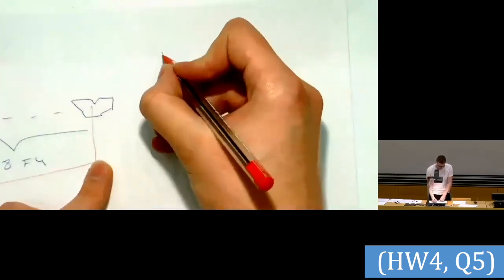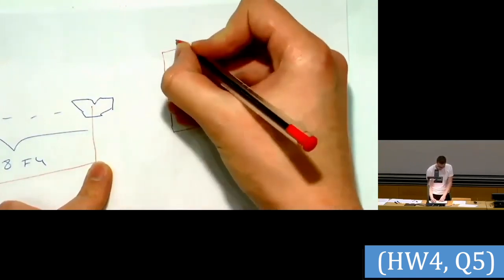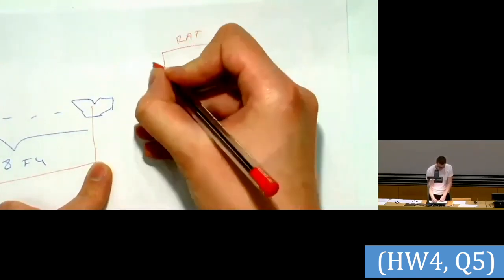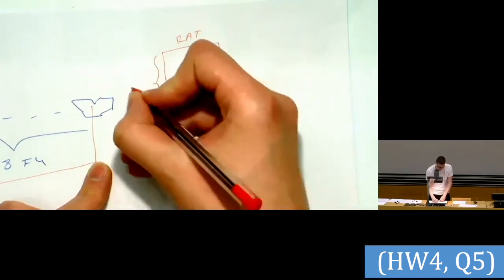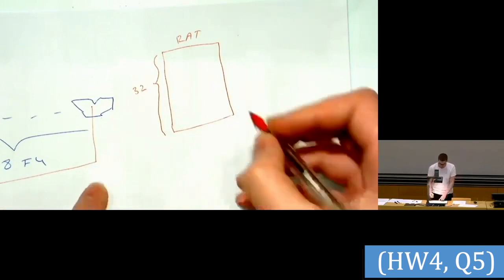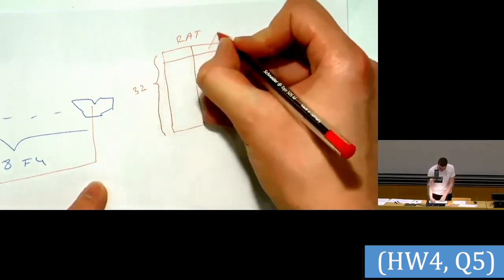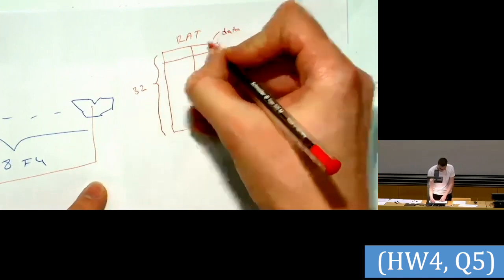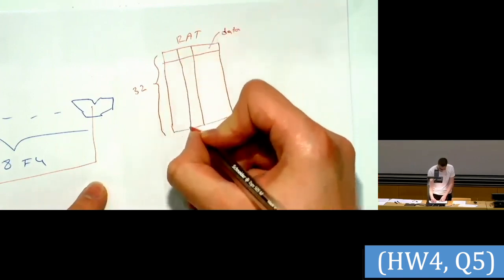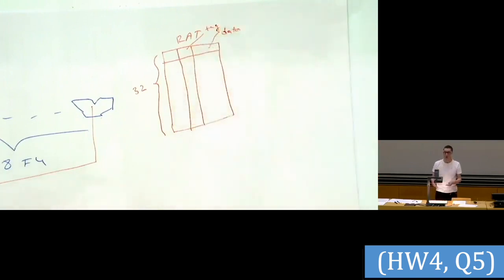If I draw this, the register alias table will have 32 entries, because we have 32 architectural registers, right? And it will have a data field for each entry, some tag field, and also some valid bits.